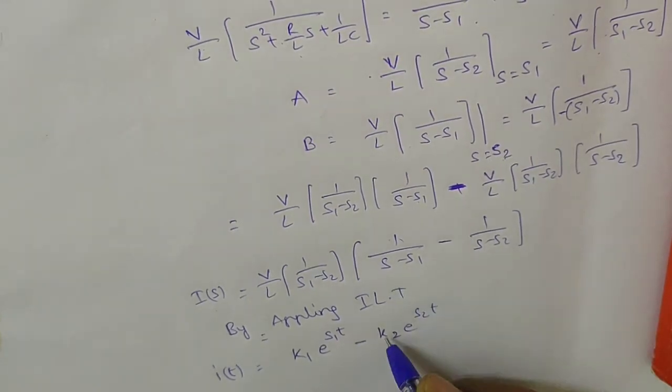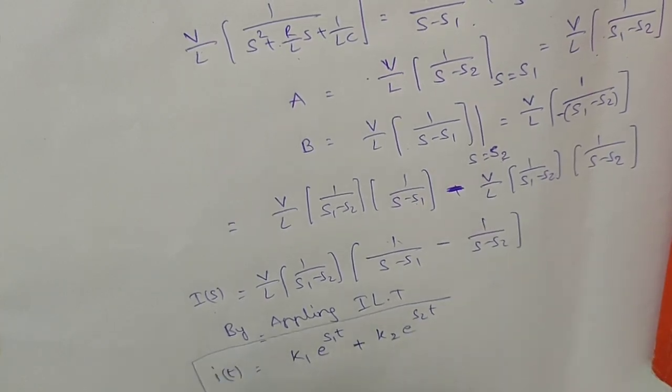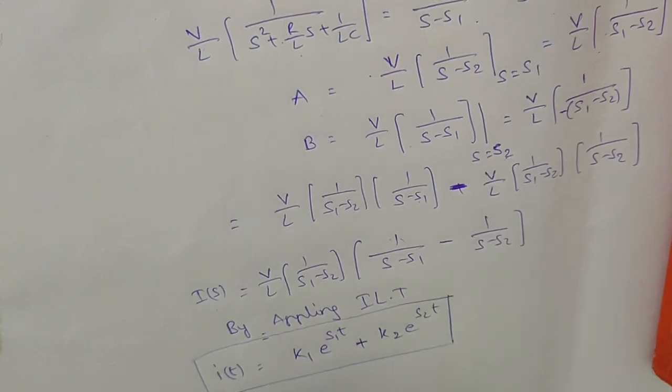We can take this minus as included in the constant, so we can take it as plus. This will be the current equation.